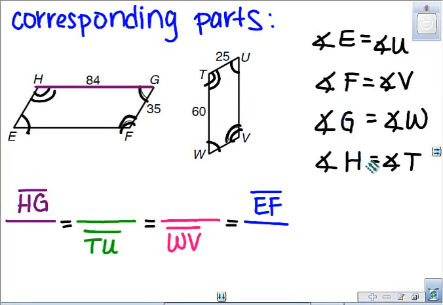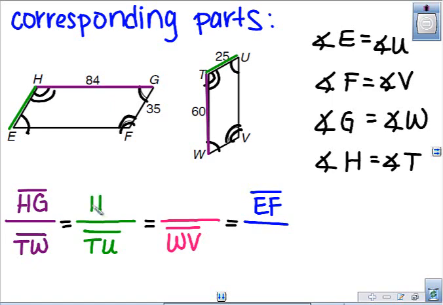So we said H corresponded to T and G corresponded to W. T, W. Then TU is given here, and we know that T was H and U was E. The next side that's given is WV, and we can see that the W corresponds to G and the V corresponds to F. Okay, and then last but not least, EF. The E was congruent to U and F to V.